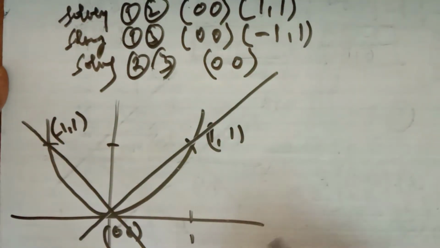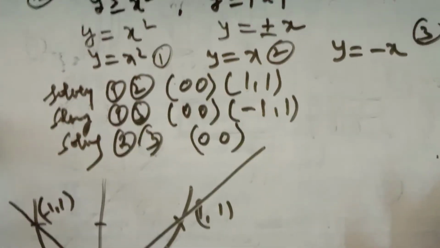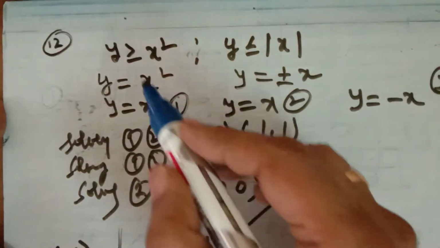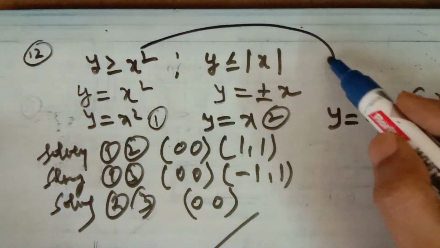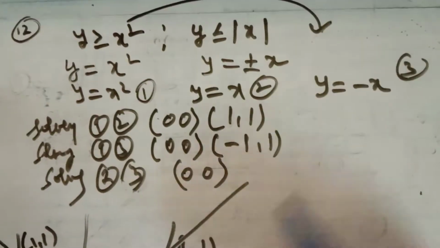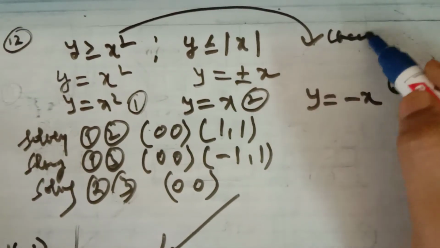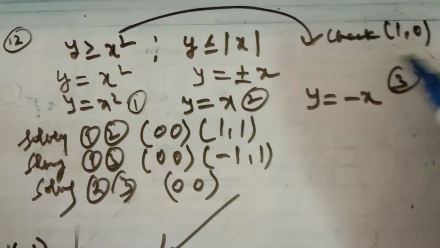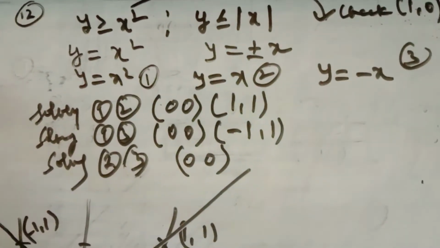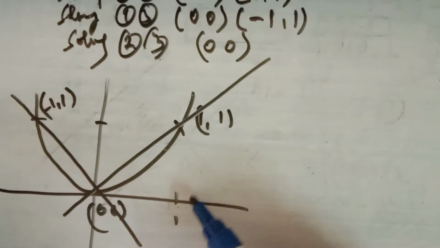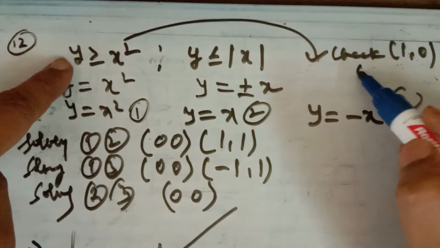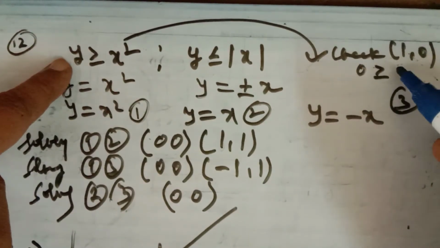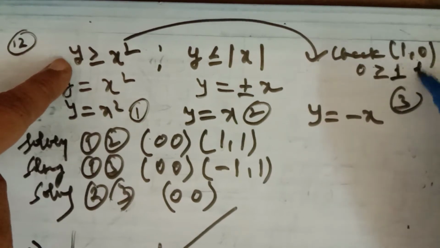Now which area do you have to find? You have to find it here because we have the inequality sign. You can do it by checking whether 1, 0 is a solution of this equation or not. So put the value of x as 1 and y as 0, which is false.